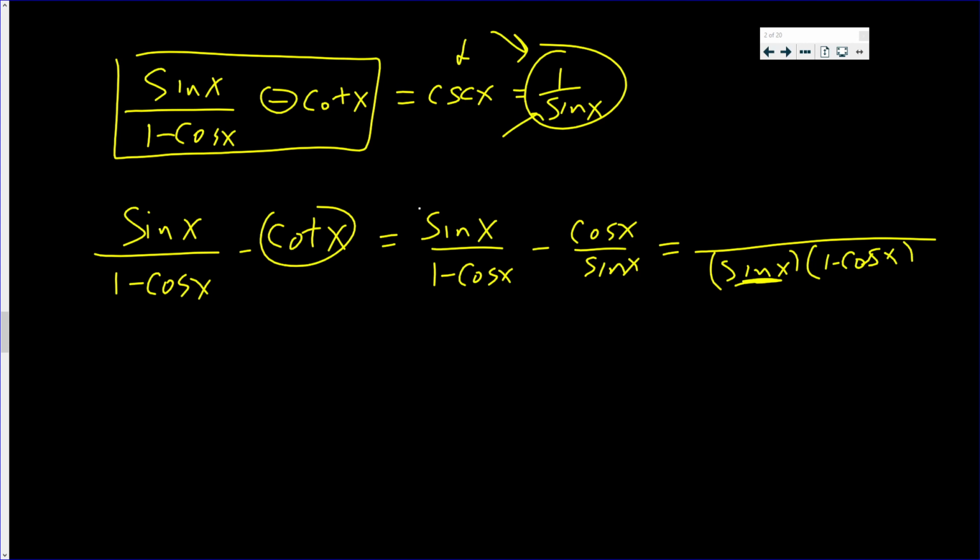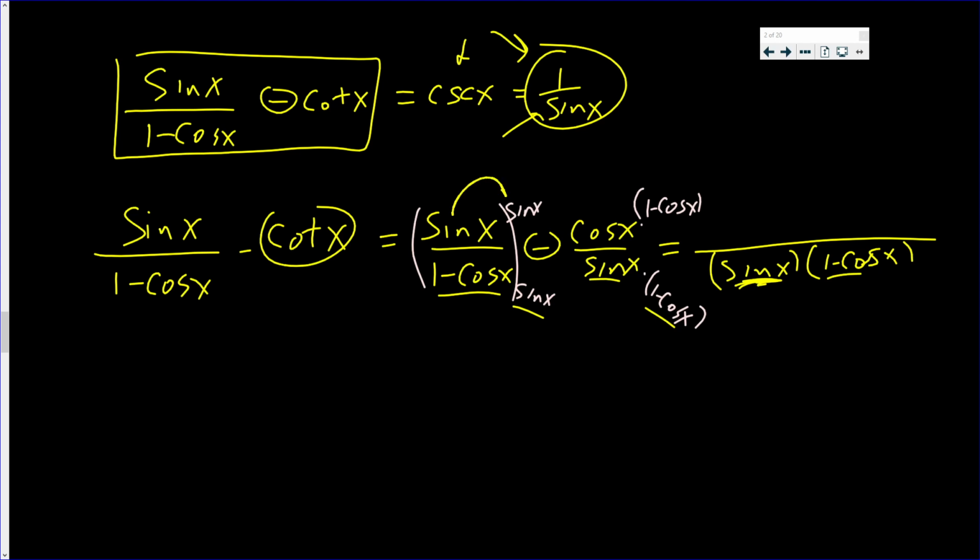In the first fraction, I need to multiply top and bottom by sine x. In the second fraction, I need to multiply top and bottom by 1 minus cosine x. So I have the denominators, this times this, minus this times this. They're the same denominators. I wrote them down.